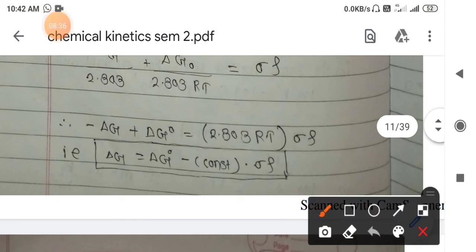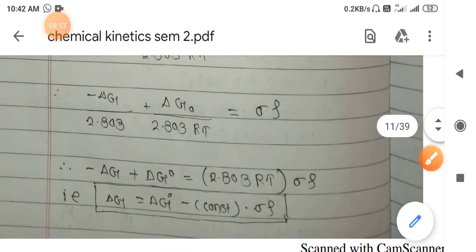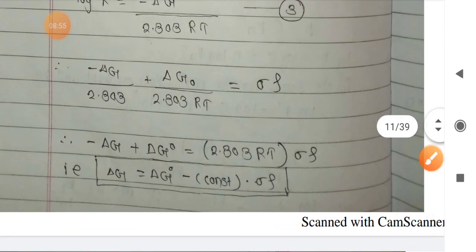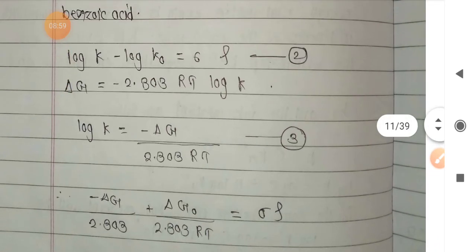If you plot a y equals mx plus c type graph, then we might get the substituent constants for the various substituents, where the Gibbs free energy can be obtained using the dissociation constant for that particular acid. So this is all about the effect of substituent.